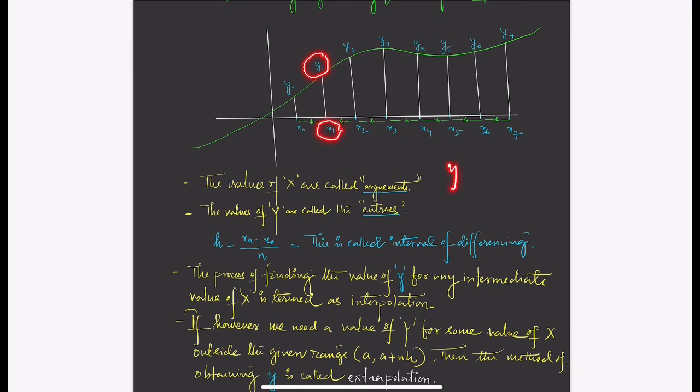It means y1 is nothing but f of x1, the functional value at x1. These are called entries. What is this h? Suppose this is xn and this is x0. So h is xn minus x0 divided by the number of parts.